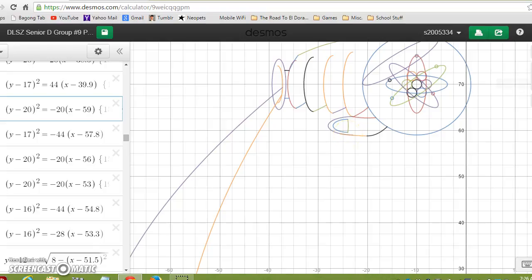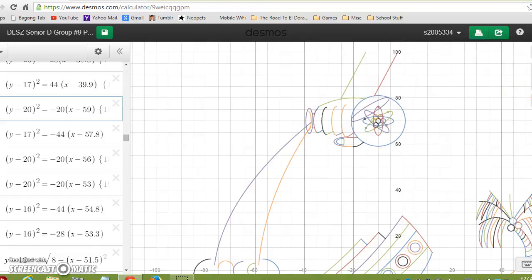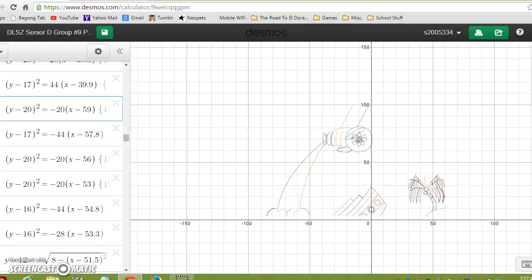Instances like this where we drew something we wouldn't associate with parabolas helped us realize that conic sections can actually be found everywhere in our daily lives, and we shouldn't take them for granted.